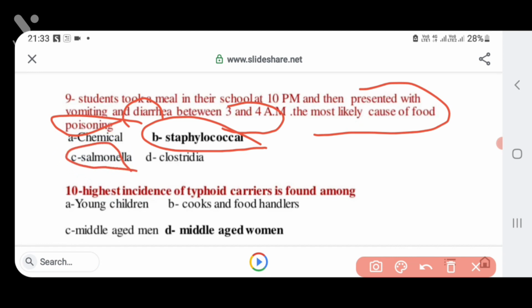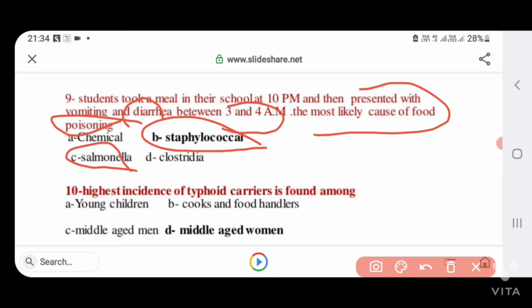If a person has taken a meal, it means he has not taken any canned food, and there are no proper symptoms of diarrhea or vomiting in Clostridial contamination, because it affects the brain and muscular paralytic symptoms will develop.